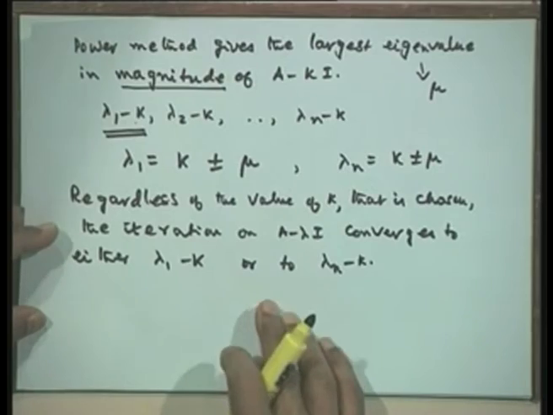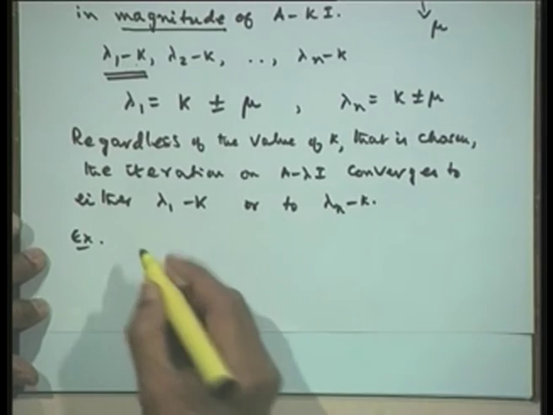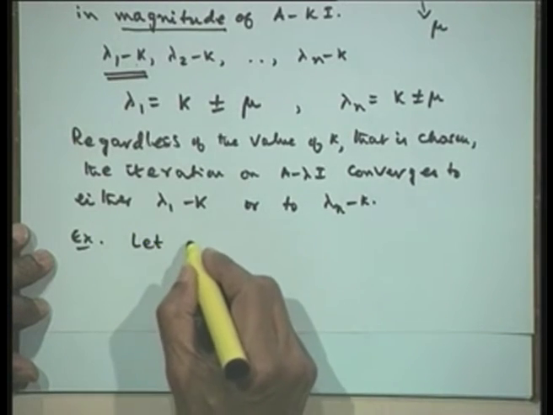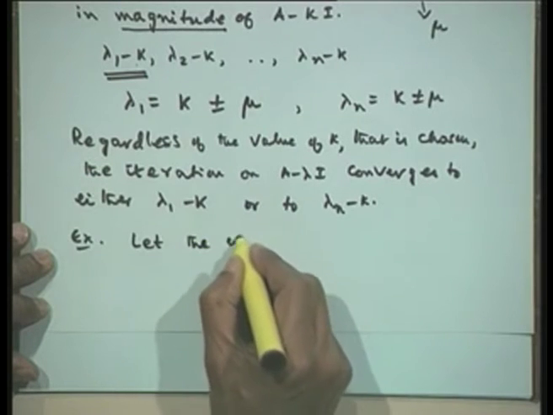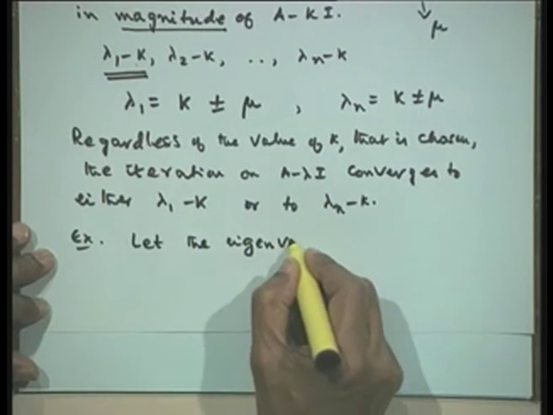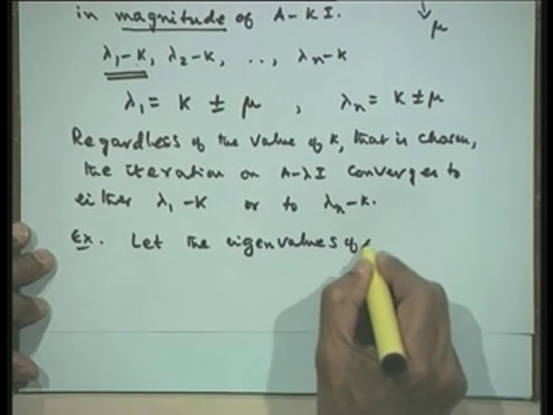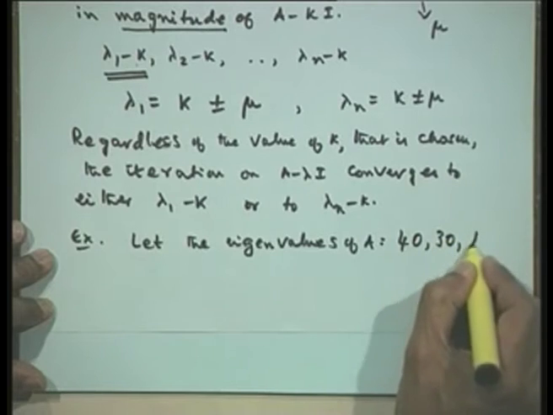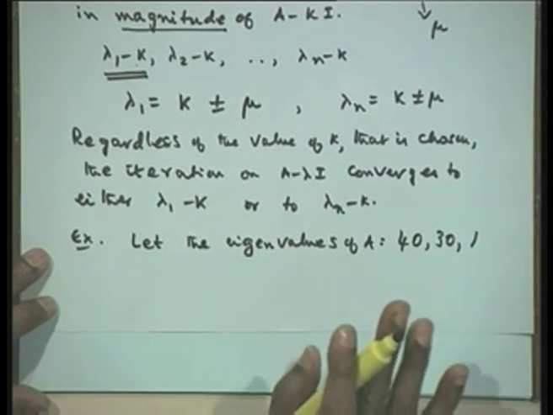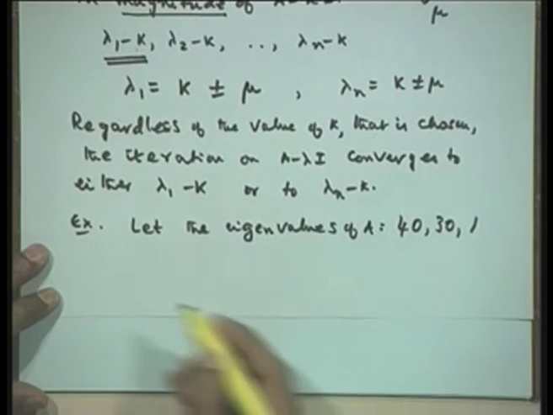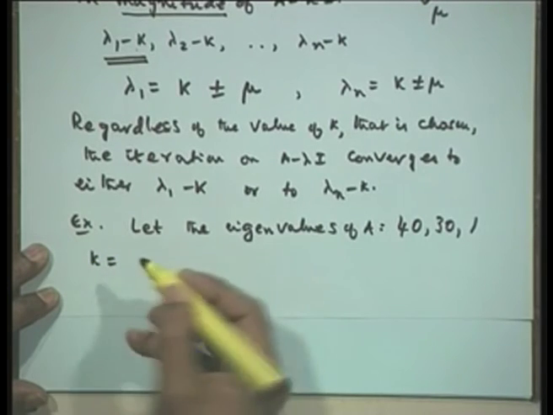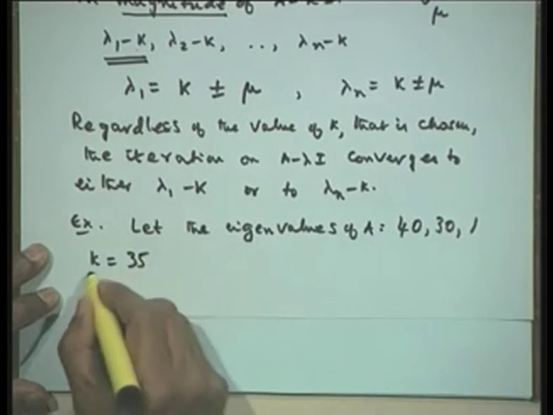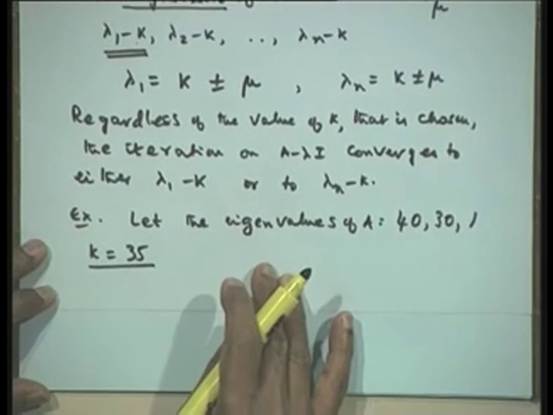Now, let me illustrate this a little bit further. Let us take a very simple example. Let us suppose a matrix has eigenvalues, let us take some numbers, say 40, 30, 1. These are the eigenvalues of the given matrix. Let me choose k as 35.